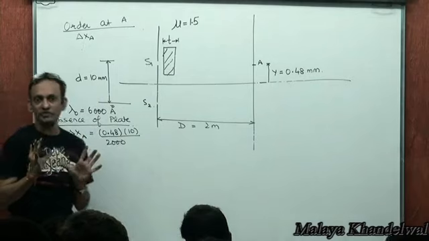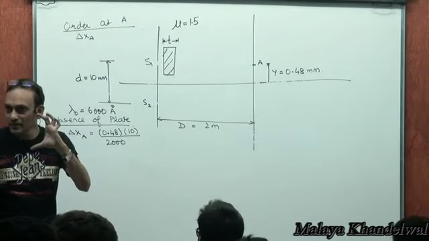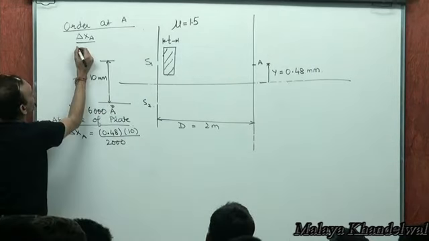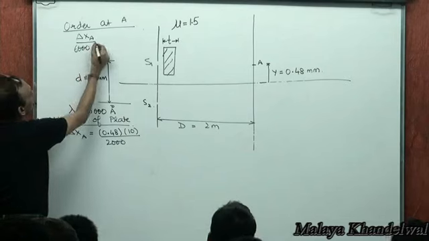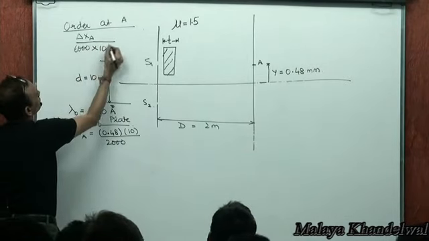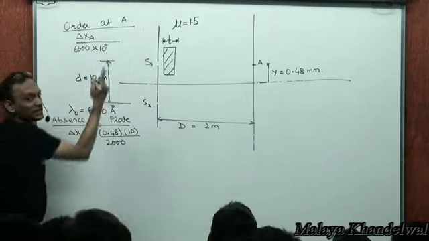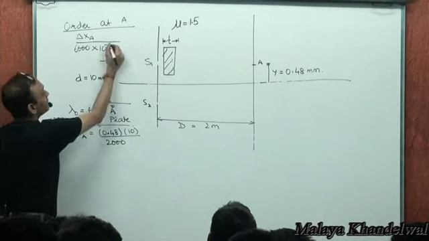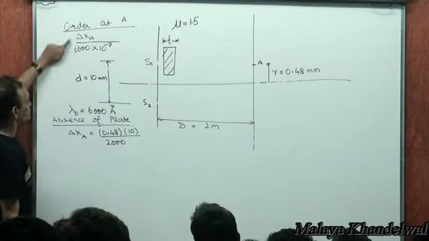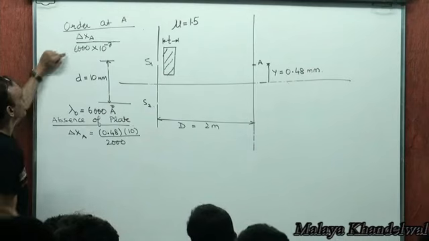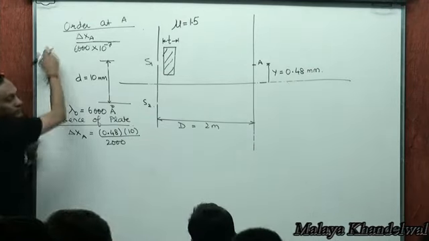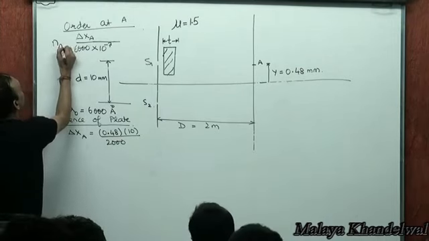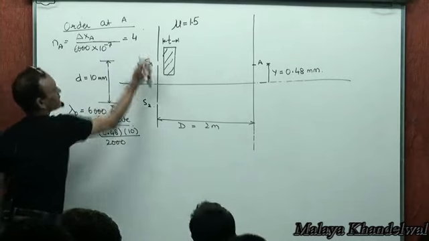That means before introduction of the plate, the path difference at A divided by lambda, that is 6000 angstroms, 10 to power minus 10 meters into 10 to power 3, that means 10 to power minus 7 millimeters, right? Can you just tell me what this turns out to be? Is it an integer? How much is it? 4. So the order of interference at A turns out to be 4, say.